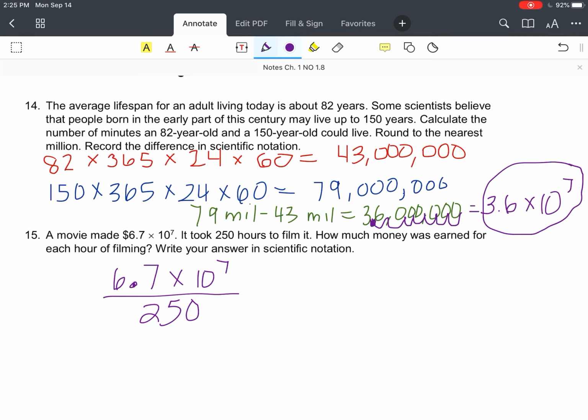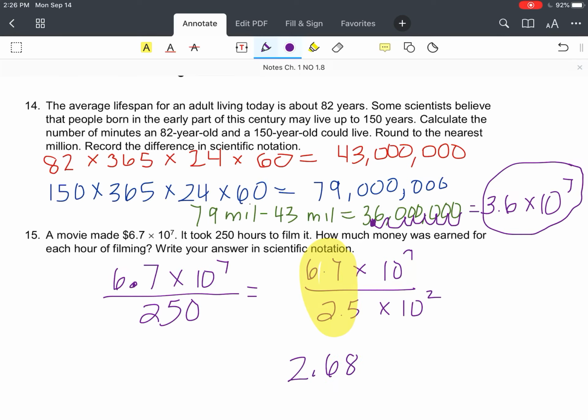Well, if we wanted to write the bottom into scientific notation to make it potentially easier to multiply or divide, I could write 250 as 2.5 times 10 to the 2. Now I can divide 6.7 by 2.5. When I do that, I'm going to get 2.68.